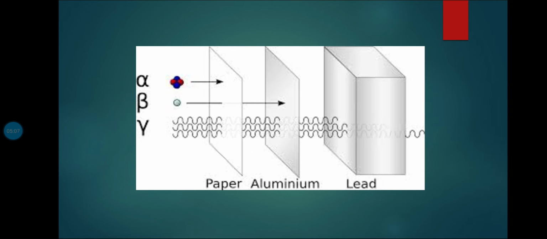Gamma rays can easily penetrate through paper, aluminum foil or sheet, and a block of lead. So it clearly shows that gamma rays have the highest penetrating power among alpha, beta, and gamma rays.